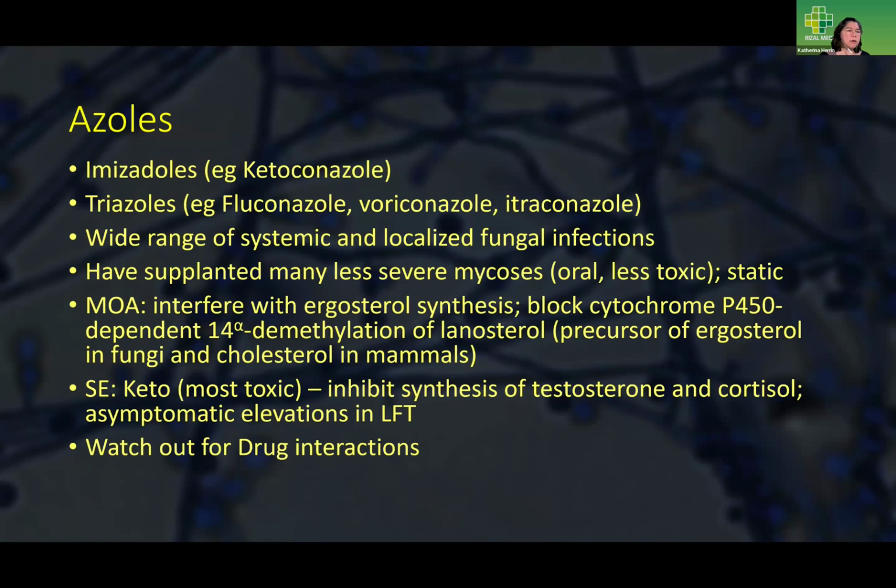The azoles include both imidazoles and triazoles, which are used to treat a wide range of systemic and localized fungal infections. They interfere with ergosterol synthesis by blocking the cytochrome P450 dependent 14-alpha demethylation of lanosterol, which is the precursor of ergosterol in fungi. Azoles are fungistatic drugs.